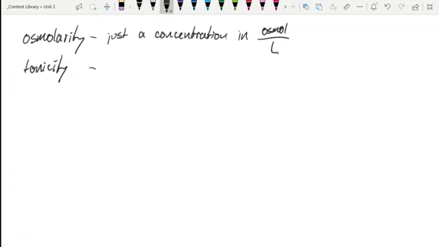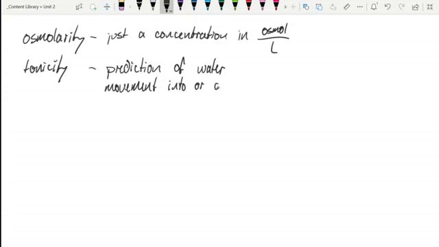That's what osmolarity is. Tonicity is a little bit more abstract. Tonicity doesn't have units. Tonicity is a prediction of water movement into or out of a cell.